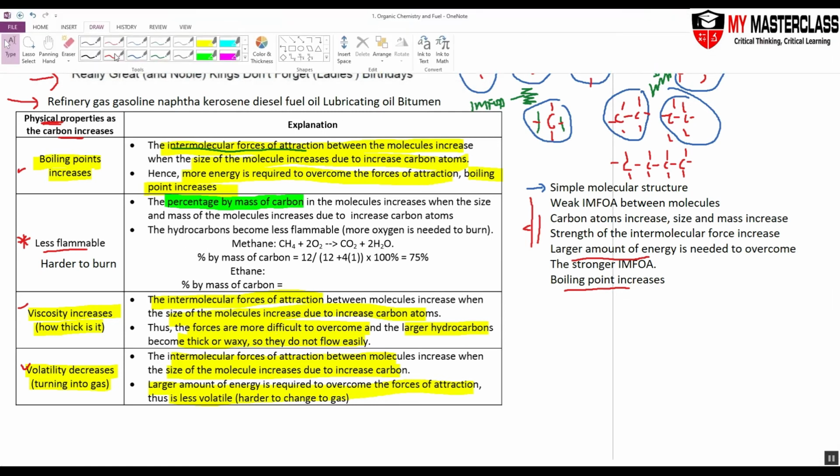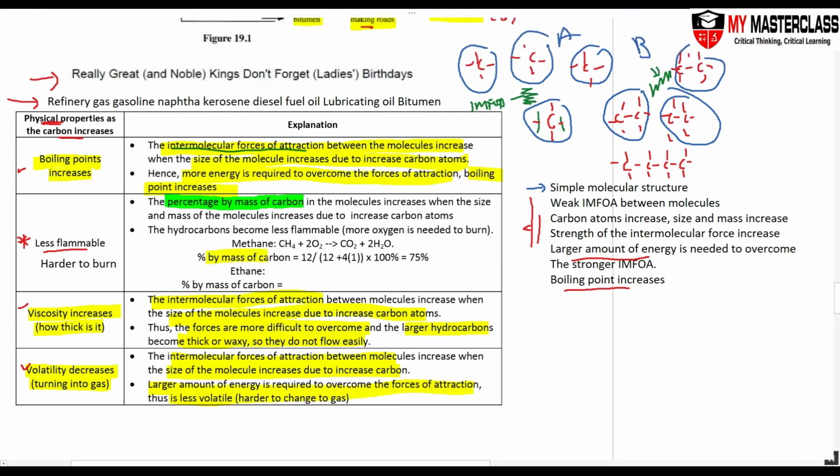Find the percentage by mass of carbon in methane: 12, the mass of carbon, divided by the mass of the whole molecule, you get 75%. And ethane, remember this is 2 carbons, so it's C2H6, and they are all single bonds. Plus oxygen, again this is your combustion reaction. This one will give you CO2 plus H2O with energy given out.